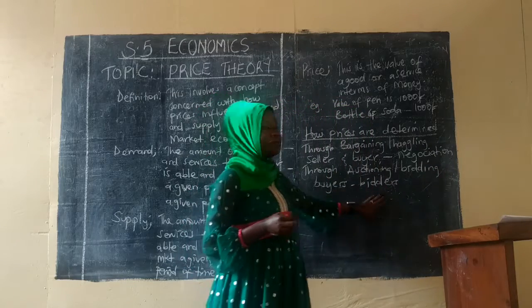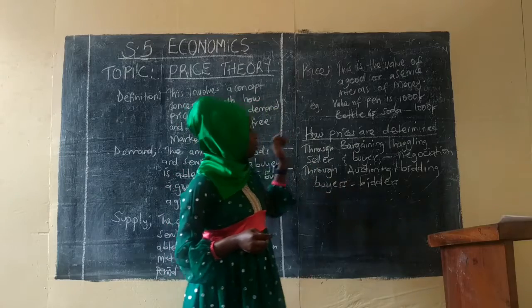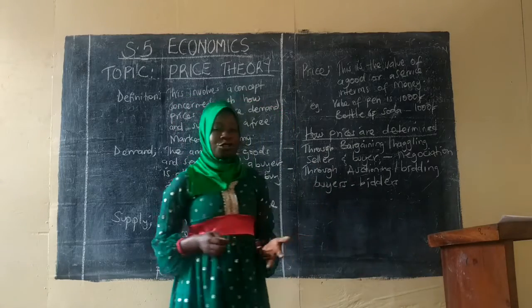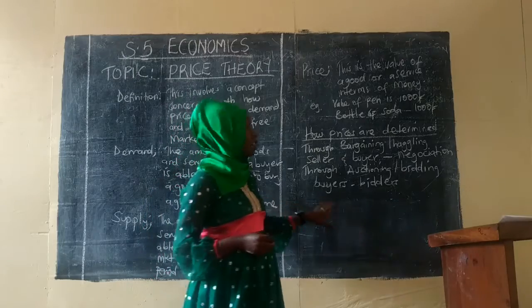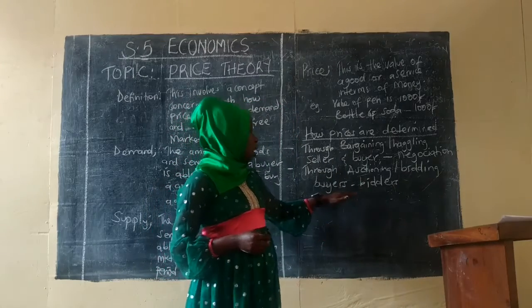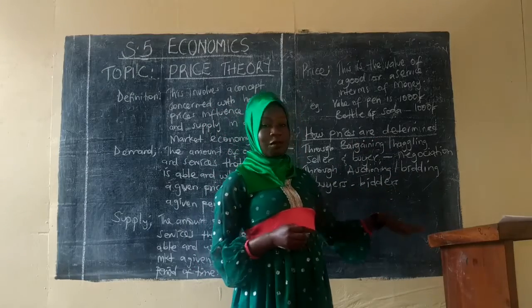The buyers are called bidders. And of course, we have the seller and the buyers, like in the previous case, but in this case the buyers are called bidders. Under auctioning, we have the starting price. The highest bidder, or the person who says the highest amount, is the one who takes the commodity.